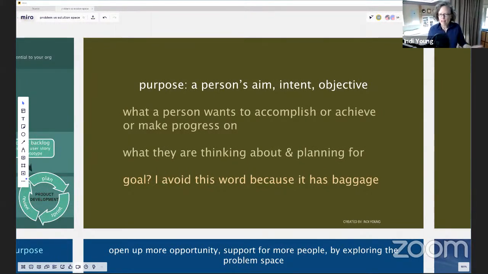It could involve making a decision. It could involve actually doing something. It could involve planning. It could involve organizing memories from the past. It can be anything.